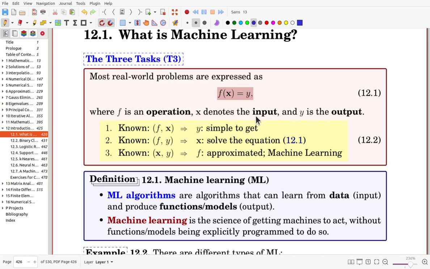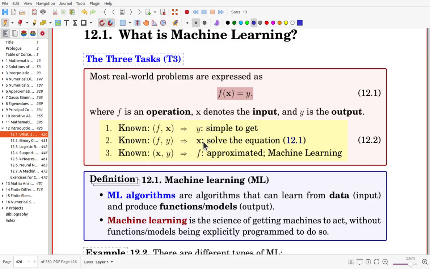For example, once f and x are known, then getting y is a simple evaluation. You learned these kinds of problems from elementary school. Secondly, f and y are known, and then you can get x by solving the equation.